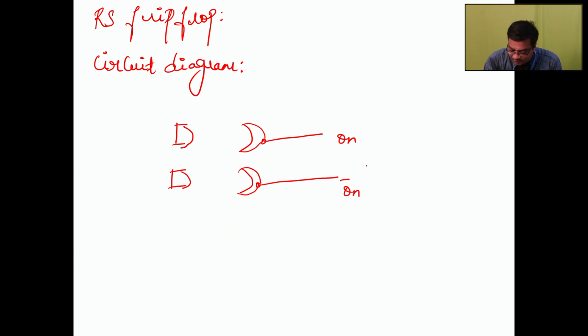Normally the flip flop consists of 2 outputs: one is the normal output, another one is the inverted output.